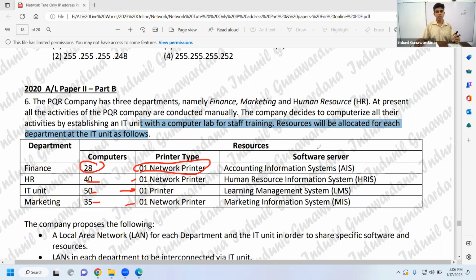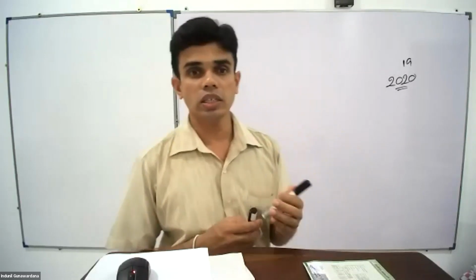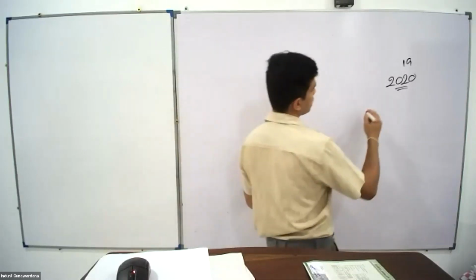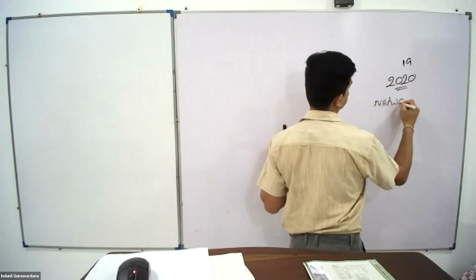And there are servers running in each area: AIS, HRIS, LMS, MIS. So these are the devices to be assigned into the network. Now we have another new word, network printer and the normal printer. So what is this network printer?